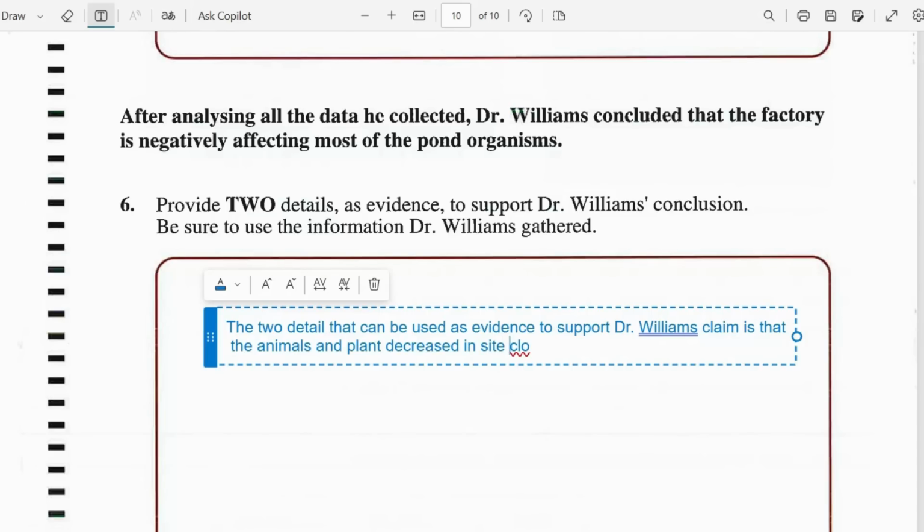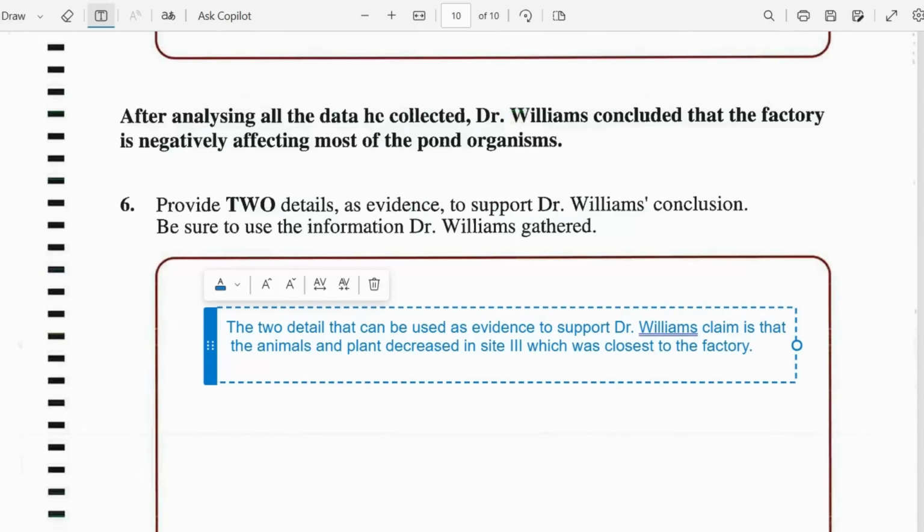So we can mention this like in site 3, which was closest to the factory. So that's the 1 detail.